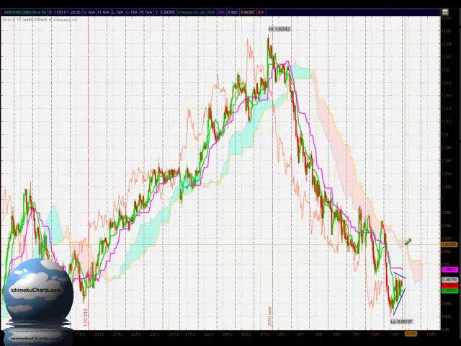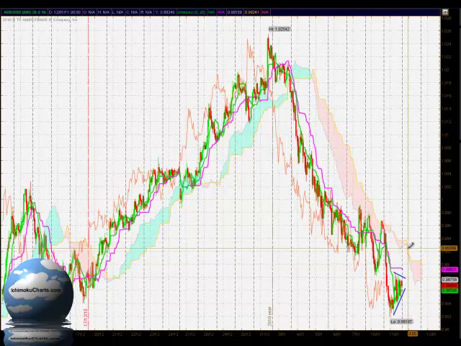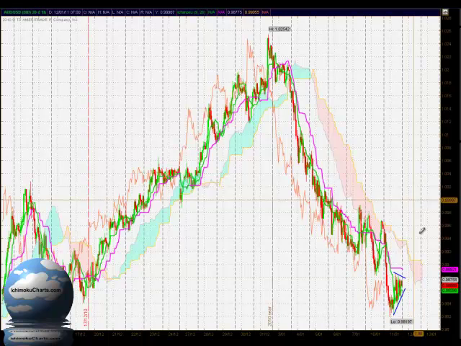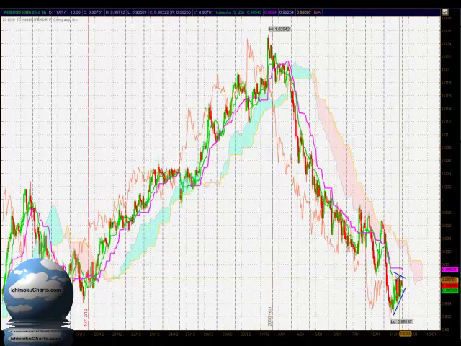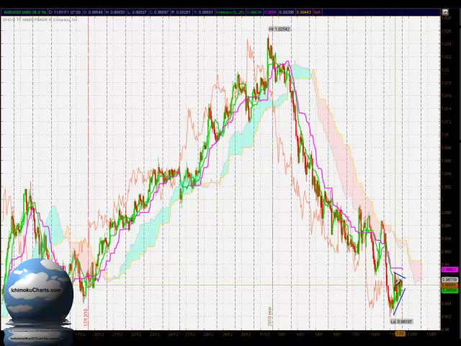But remember what we've said earlier, that the cloud is fairly thin in this area, and it will take less petrol in the tank from the market to actually break out to the upside. If we do see a breakout to the upside on a bullish candle, then there might be a good chance that the market will rally and perhaps test $1 again. We do need to be patient and wait for an indication for any breakout from this type of triangle congestion area.